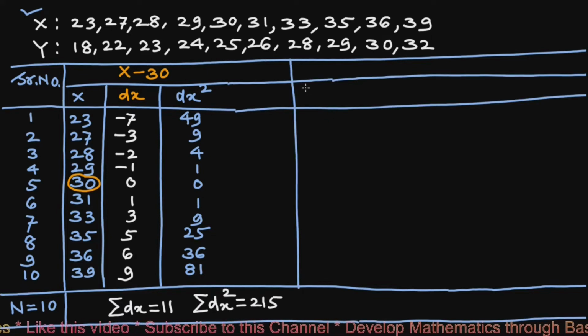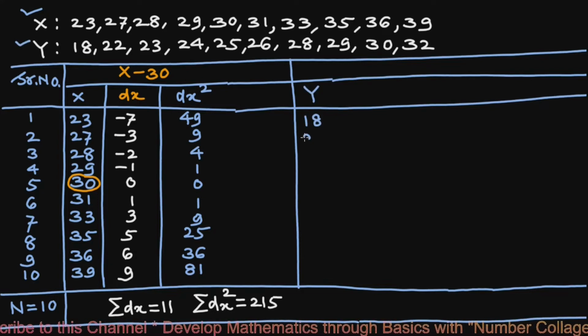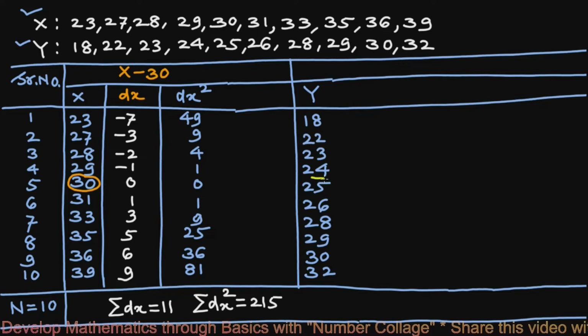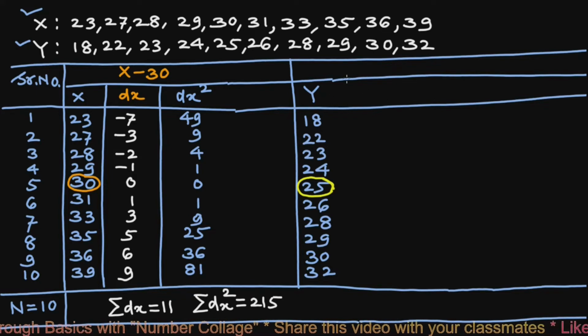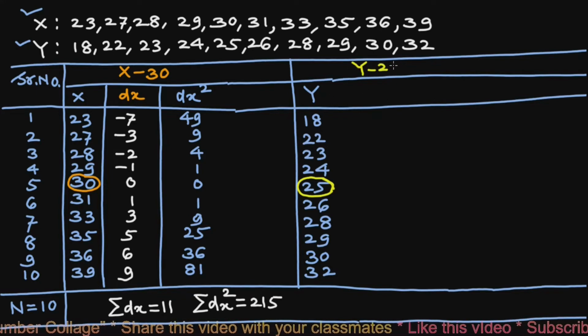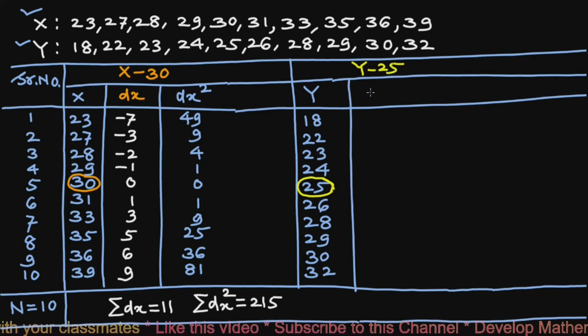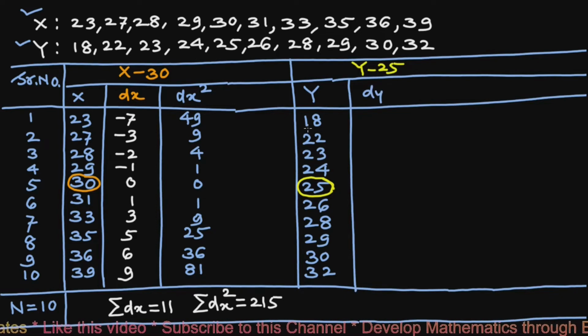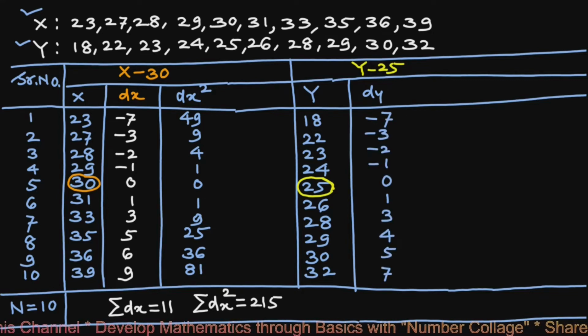Next we write values of y from here. 18, 22, we assume 25 as the mean value of y, and from y minus 25 we will write the values of dy, which will be 18 minus 25, minus 7, that gives us summation dy equals 7.